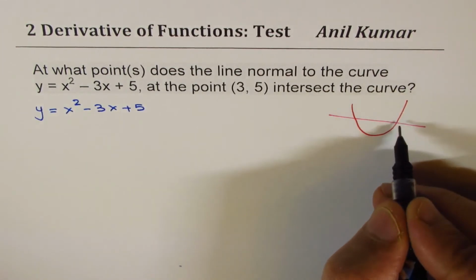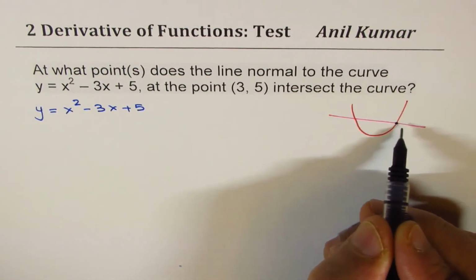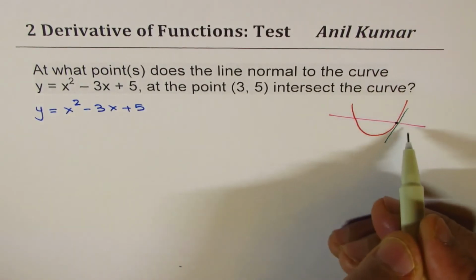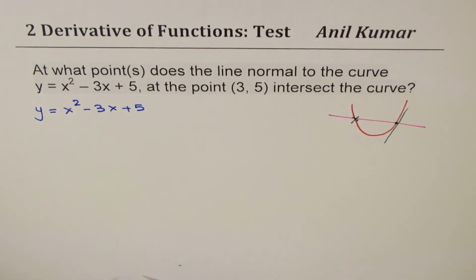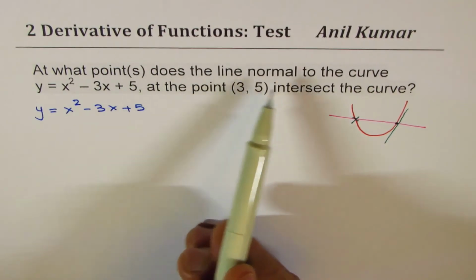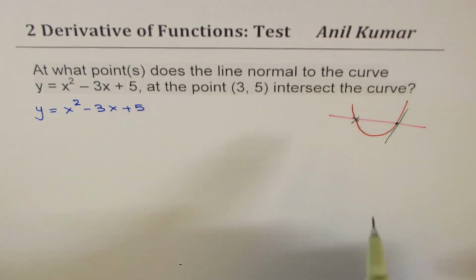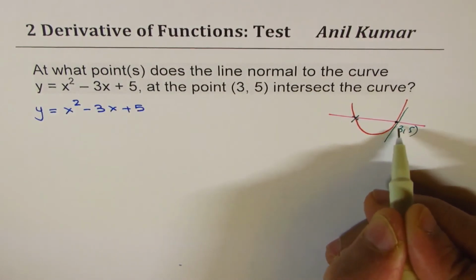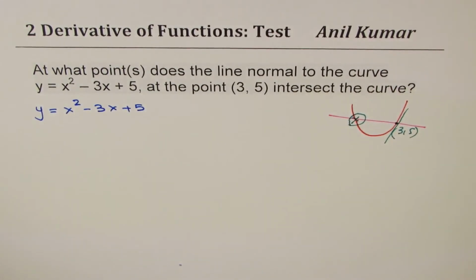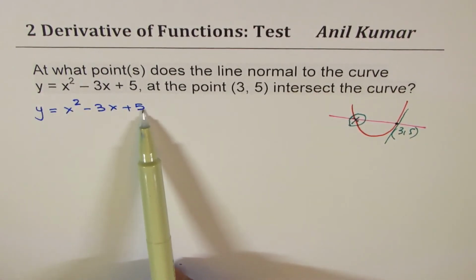If this is my point, then the normal at the given point (3, 5) does intersect somewhere else also. So the question here is, at what points does the line normal to the curve y equals x squared minus 3x plus 5 at the point (3, 5) intersect the curve? We have to find the other point. Correct? We have verified that at x equals 3, the value of y is 5, right?